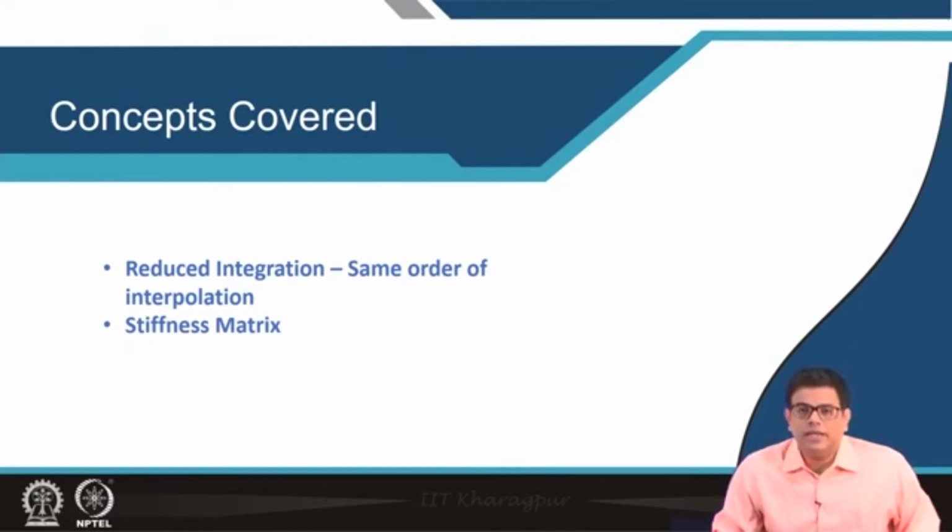So the basic idea I will explain here, and then we will derive the stiffness matrix using this method. The interesting thing is that we can use the same order of interpolation, that is, a linear interpolation for displacement and a linear interpolation for slope. That is allowable here, but with certain modifications. So we will see that.